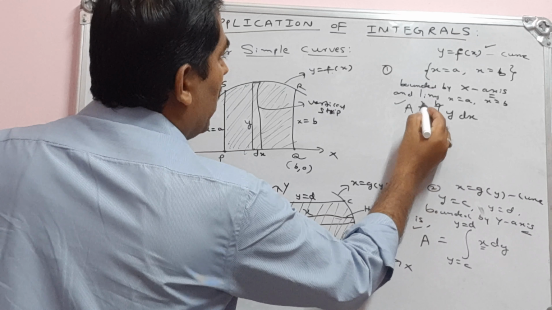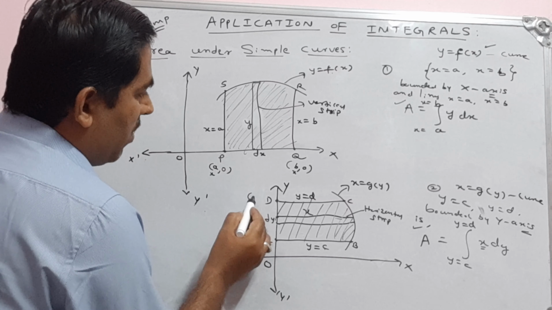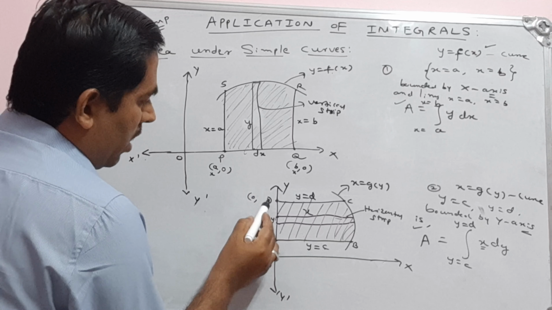This is one point on the y-axis, this is another point on the y-axis. The coordinates I haven't written here: 0, comma c, and the coordinates of D are 0, comma small d. So y is equal to c to y is equal to d, integration of x dy, is bounded by the y-axis.